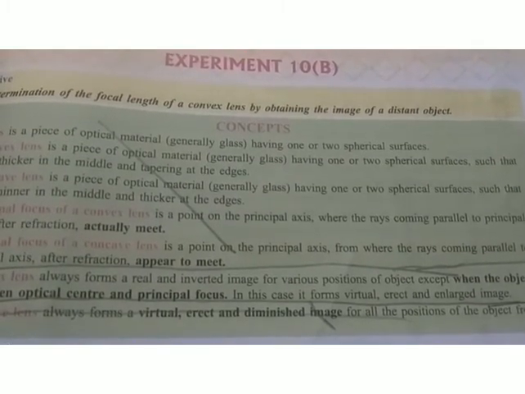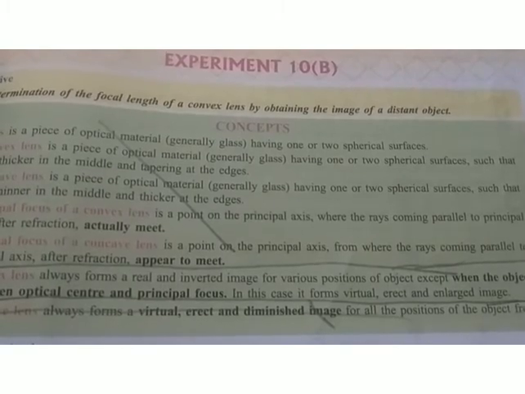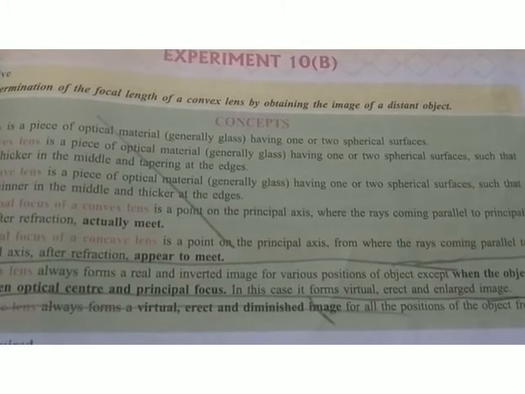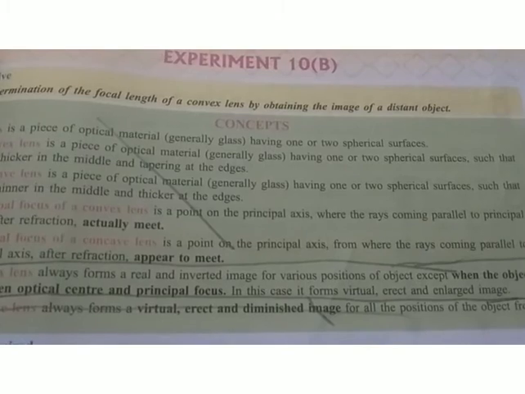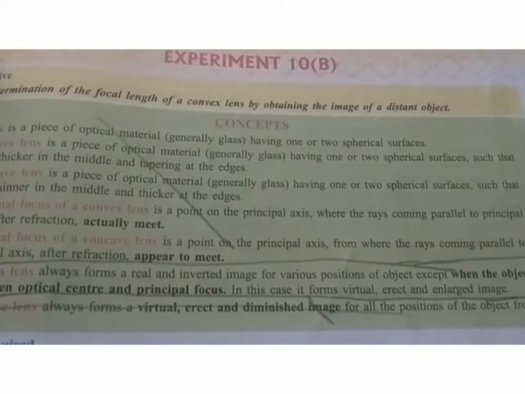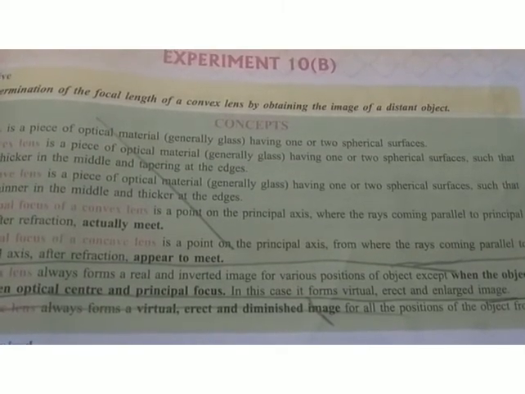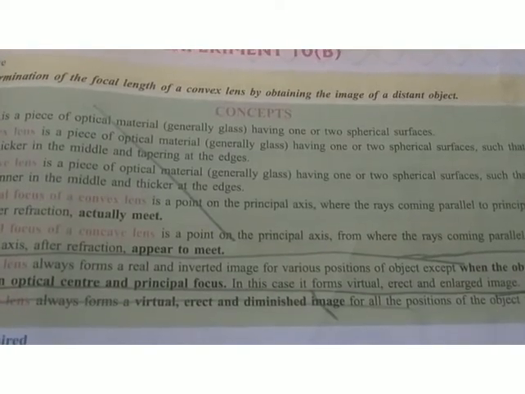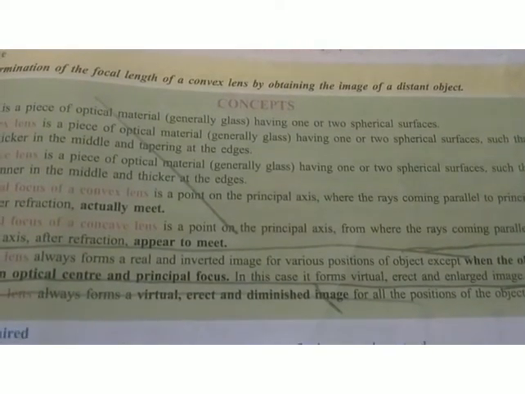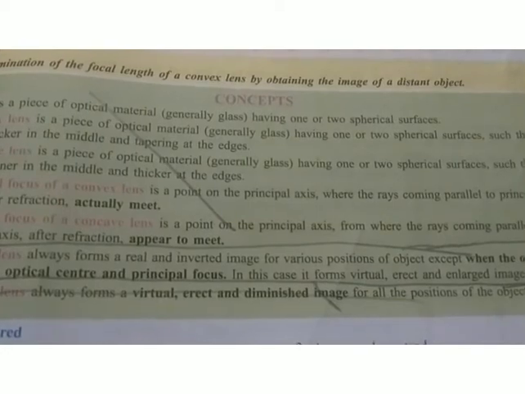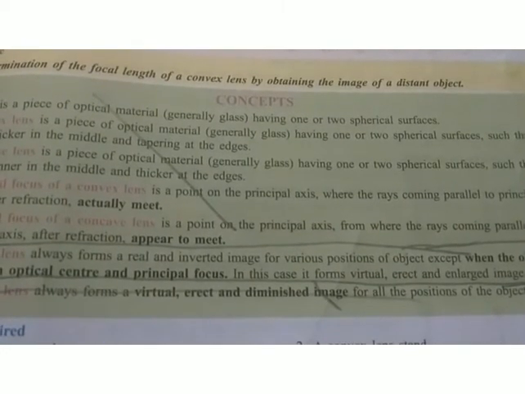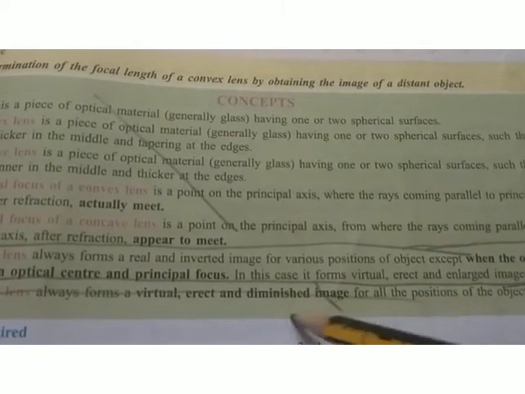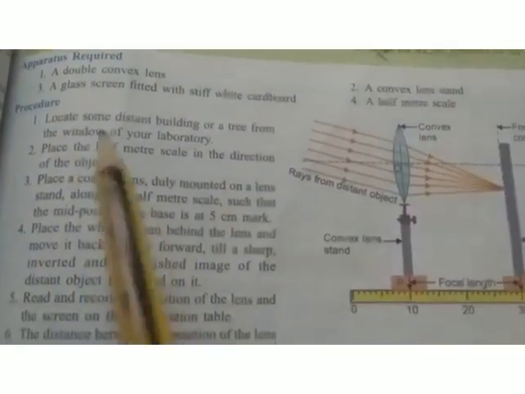And you know, whenever object is at infinity, image is at focus. So the screen where the image is obtained will be on the focus of that concave mirror, and the distance between the screen and that concave mirror is the focal length of that concave mirror.